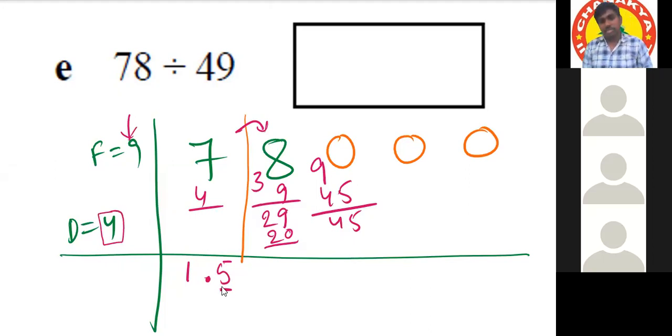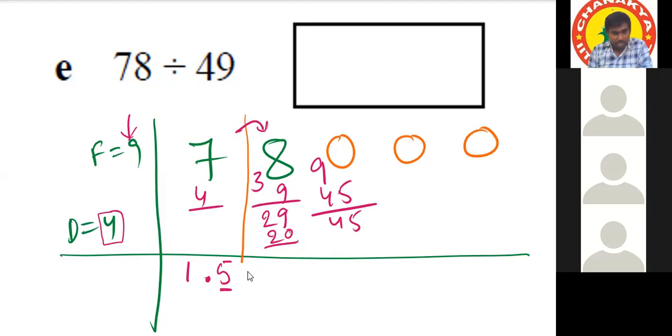I think 6 times will come here. Suppose it is 6 times, 4 6s are 24 and the remainder is 5. 9 6s are 54. Okay, it is correct only. 11 times is not possible for further calculation. 10 times is also not possible.